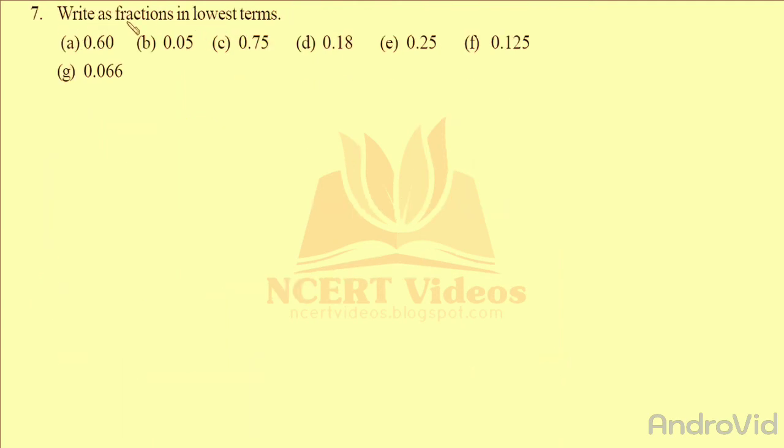Write as fractions in lowest terms. We have to represent them all in terms of fractions and then also in simplest form. 60 over 100, 0, 0 cancels. 2 3s are 6, 5 2s are 10. So this gives you 3 over 5.